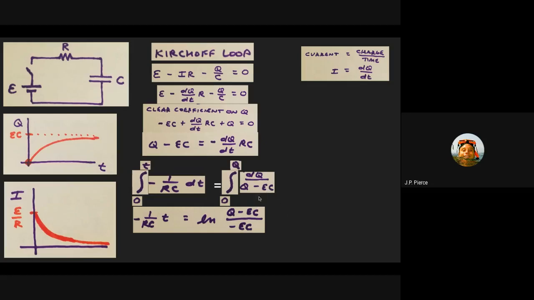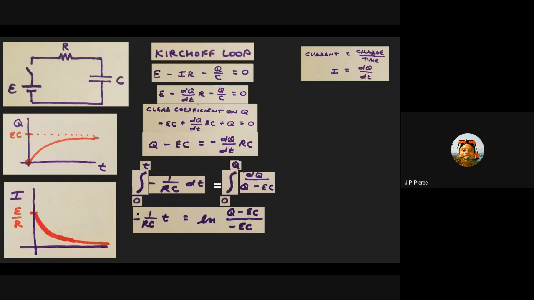I did leave out one line of algebra: I would have log of q minus epsilon c, and then minus log of minus epsilon c. It's one of those situations where you have log a minus log b, and that's the same as log of a over b. So I did that here.